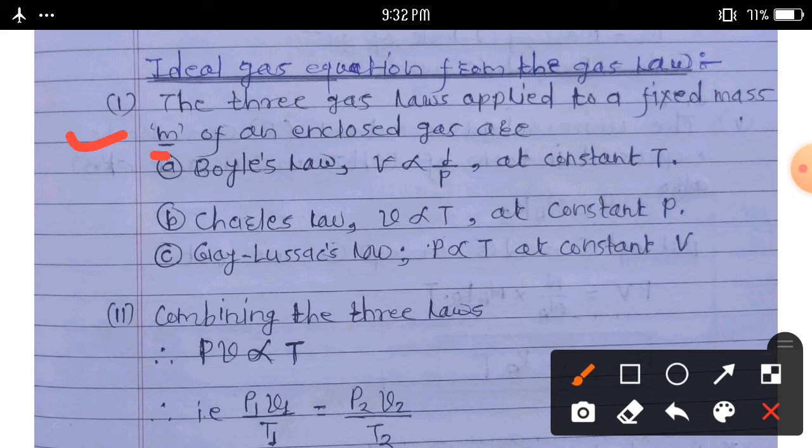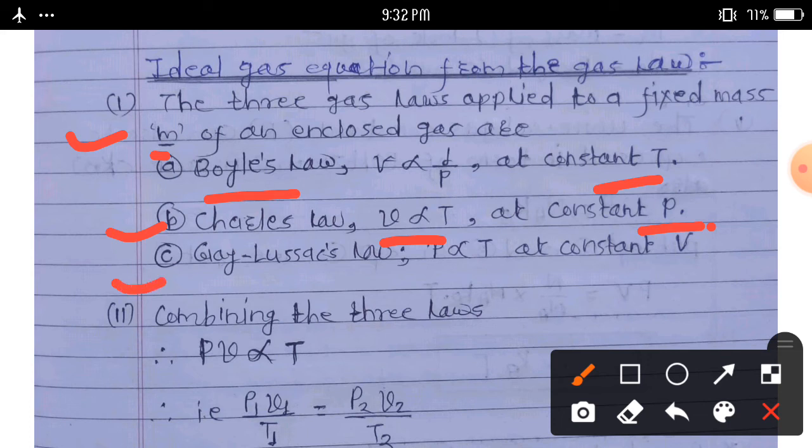According to Boyle's law: V is inversely proportional to P at constant temperature. Second, Charles' law: V is directly proportional to capital T at constant pressure.